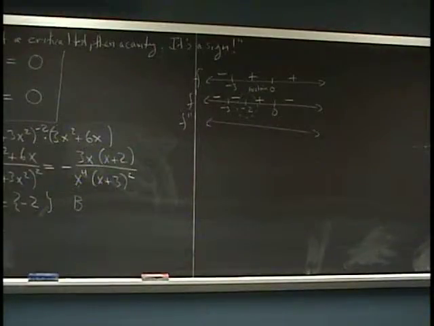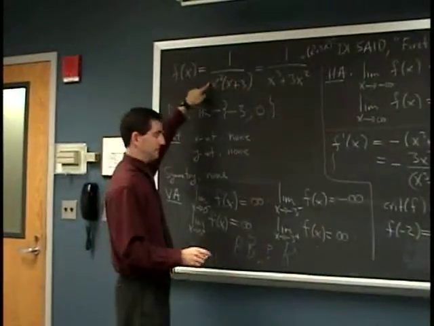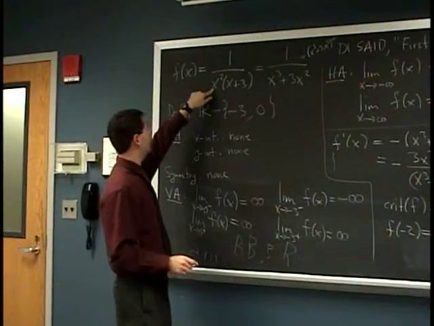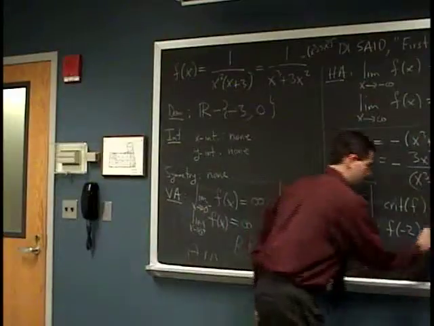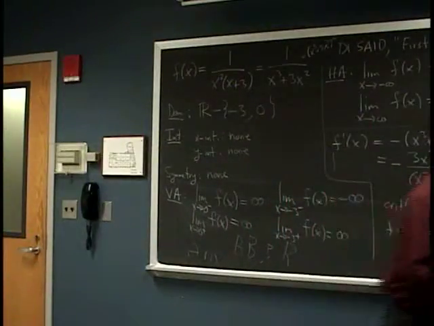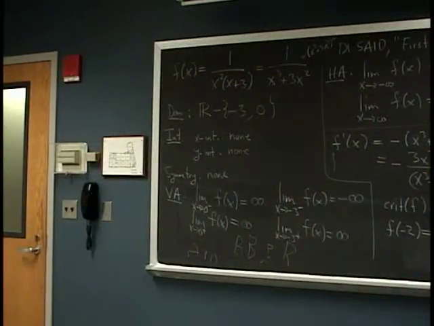If we put a minus 2 in, minus 2 plus 3 is 1, and then times 4 is 4. So f of minus 2 is 4. That's our point, 1, 2, 3, 4. And that's going to be a minimum, so it's going to go up.